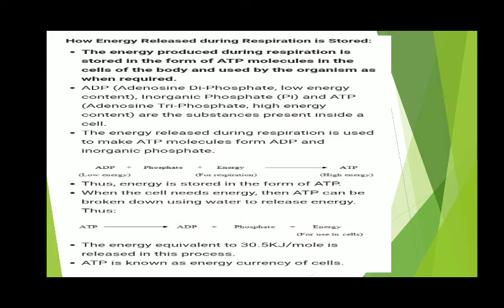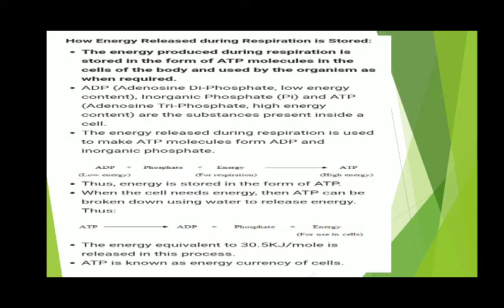And in our cells there is inorganic phosphate, which contains a phosphate group made up of phosphorus and oxygen. These inorganic phosphates are also present in our cells. Now we will see how the energy released during respiration is stored. The energy released during respiration is used to make ATP molecules from ADP and inorganic phosphate.